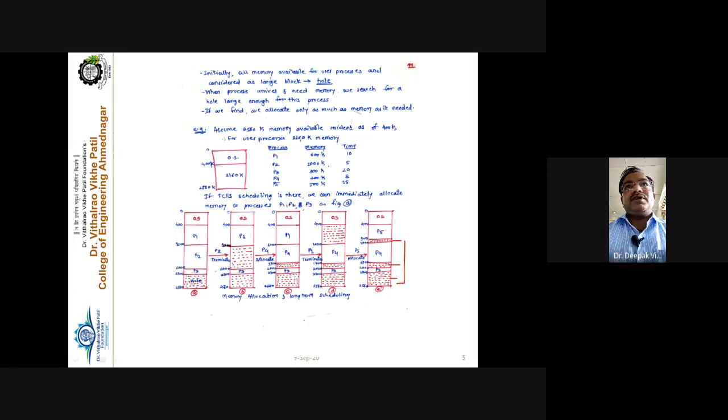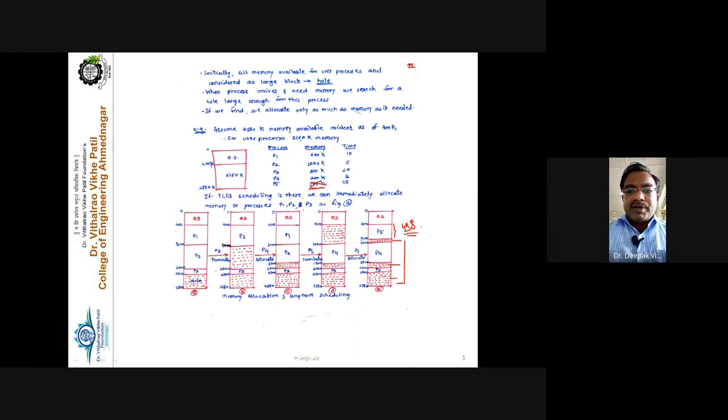For example, take the P5 process of 500K. This block is allocated to the P5 process, but the P5 process requires 498K of memory. So instead of 500K, 498K of memory is required for the complete execution of the P5 process.